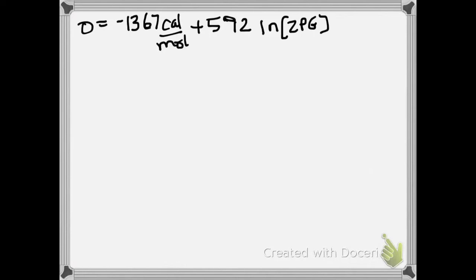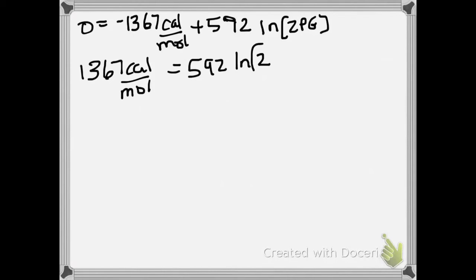Let's bring the 1367 over to the other side. So we're going to add 1367 to both sides. Now, at this point, we have to get rid of that natural log.